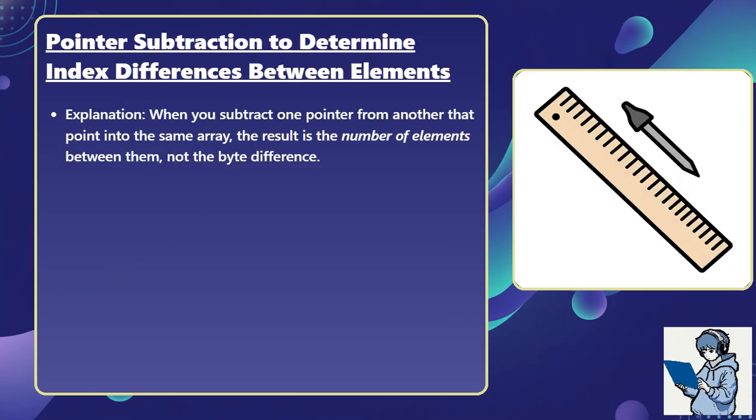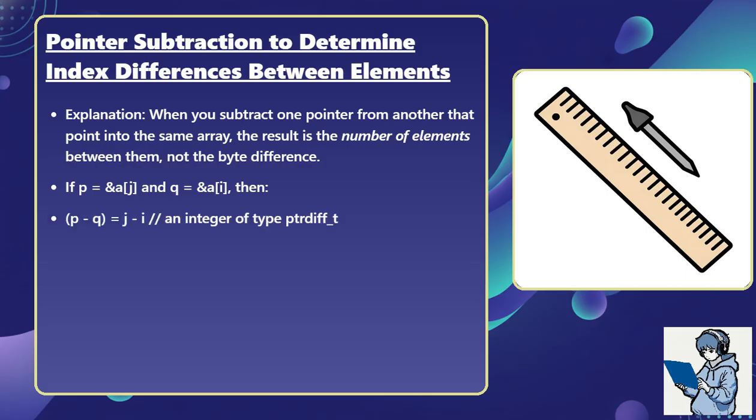Explanation: when you subtract one pointer from another that point into the same array, the result is the number of elements between them, not the byte difference. If p equals &a[j] and q equals &a[i], then p minus q equals j minus i, an integer of type ptrdiff_t.